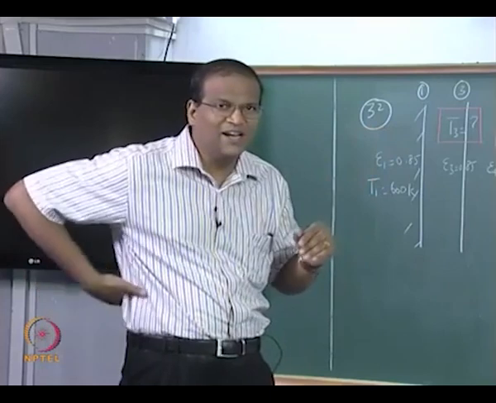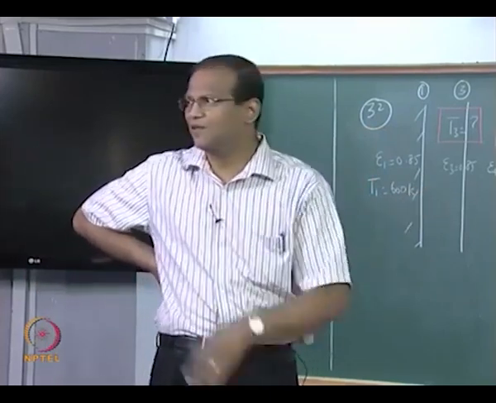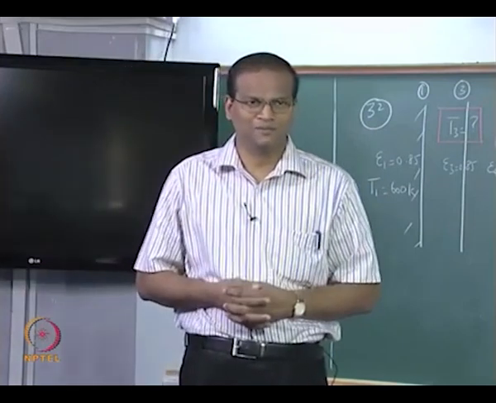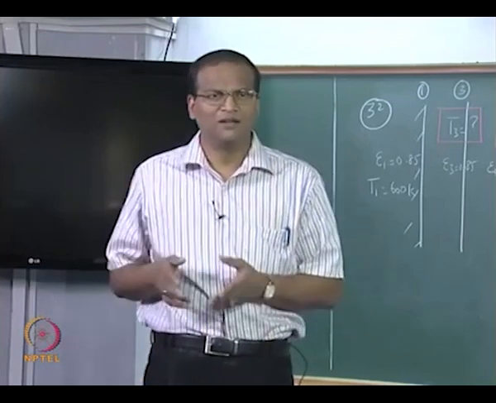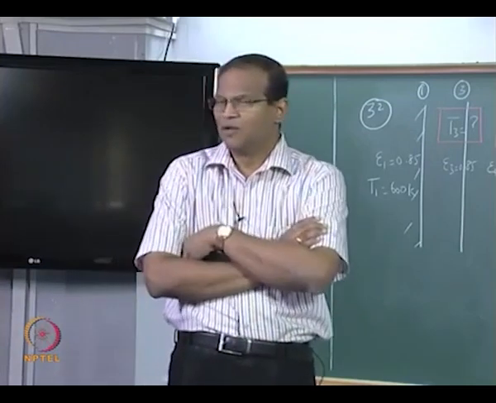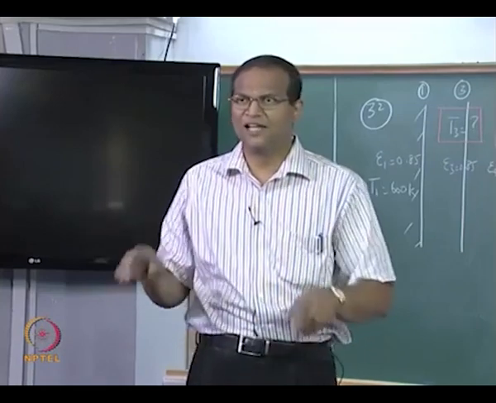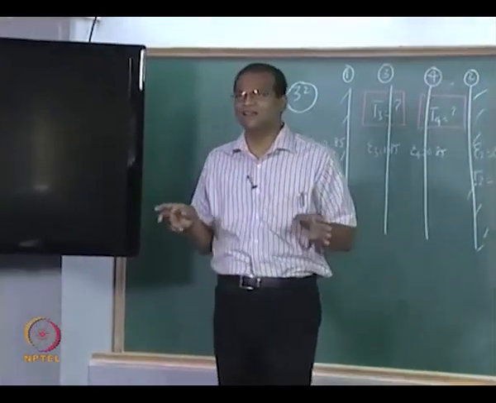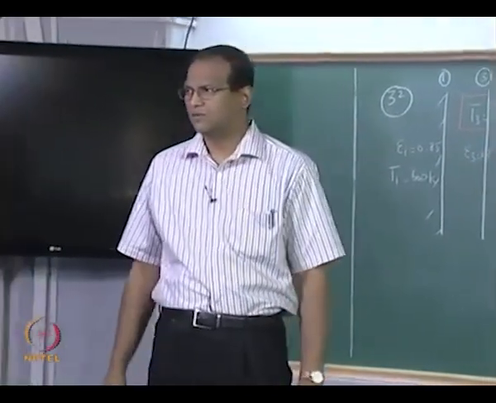Are the two shields re-radiating surfaces? Yes. Whatever heat they receive from the left side, they give to the right side. So the Q net from that surface is 0. Q net is whatever is coming from the left, which is positive, minus whatever is going to the right, which is negative, so they cancel out. So in fact the radiation shields are re-radiating surfaces.